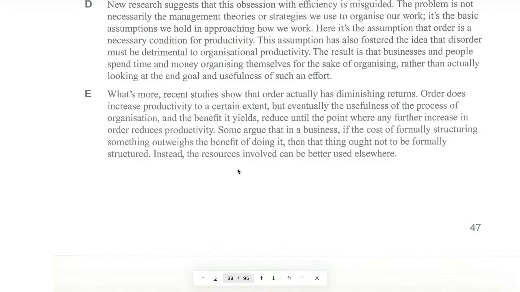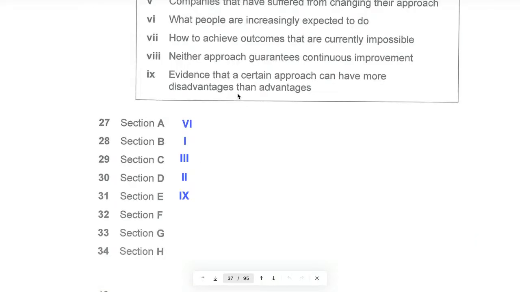Instead, the resources, all the money or human resources involved, can be better used elsewhere. So we need to invest those things somewhere else, and that may bring more benefits compared with keep working on ordering. So that's why here they say evidence that a certain approach, I mean here they are talking about order, can have more disadvantages than advantages.